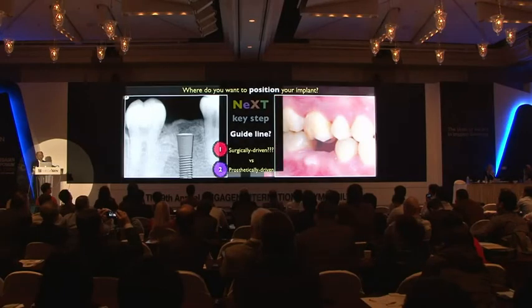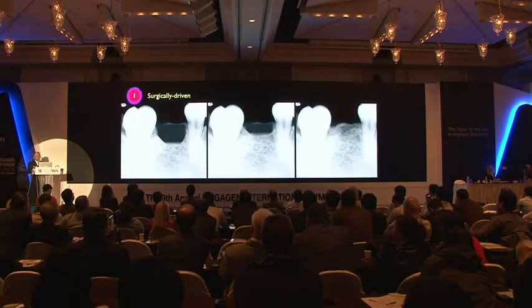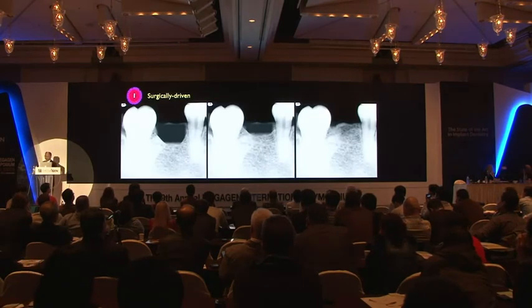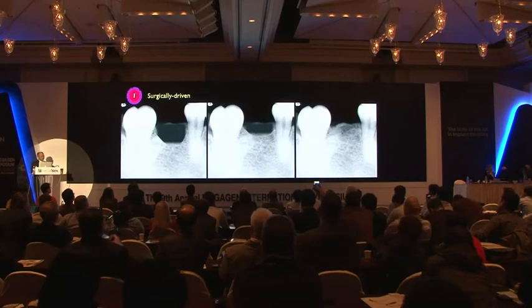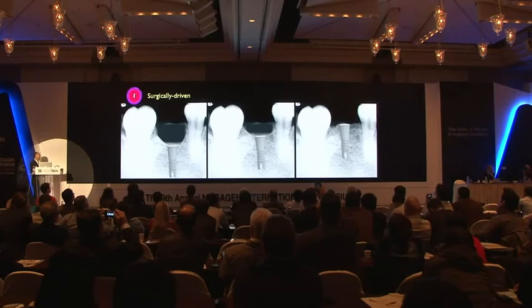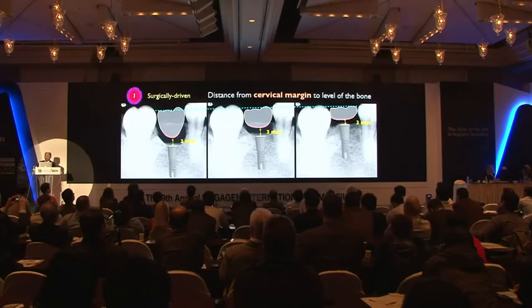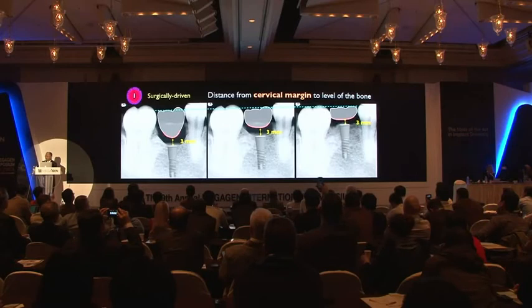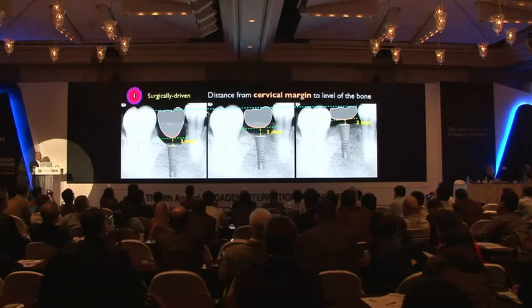So let's go to the surgically driven approach. Suppose you have these 3 situations, and according to the bone, you open up and probably put an implant right there. If you put an implant right there and you preserve 3 millimeter biologic width, your crown margin probably ends up here, and it will be a long or short crown.